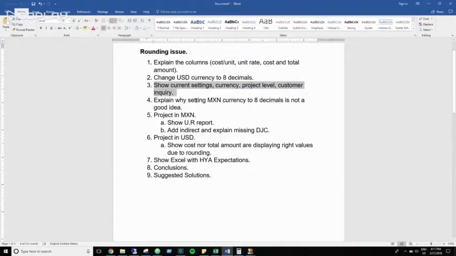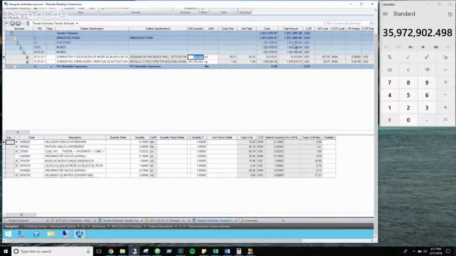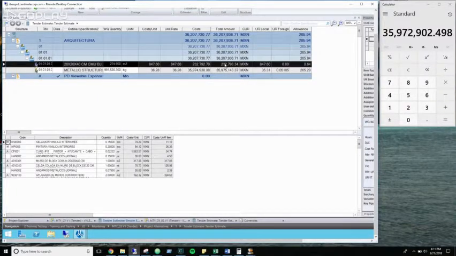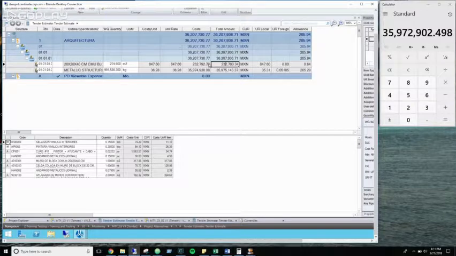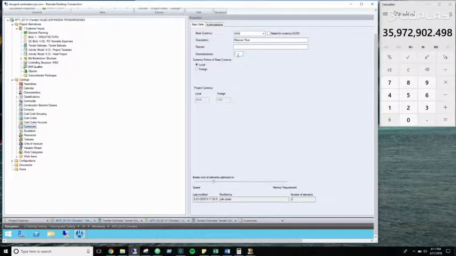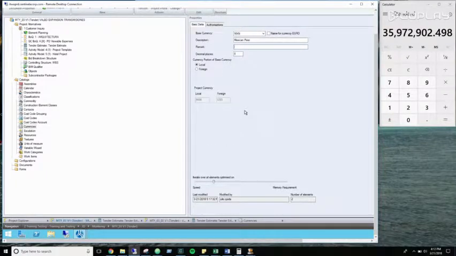So now we can go to the next step, which is explain why setting MXN currency to 8 decimals is not a good idea. So as we have seen so far here, in this project, this line item is giving me the right number here and this is not. So the next step will be change 8 decimals over here and the allowance will shrink even more.